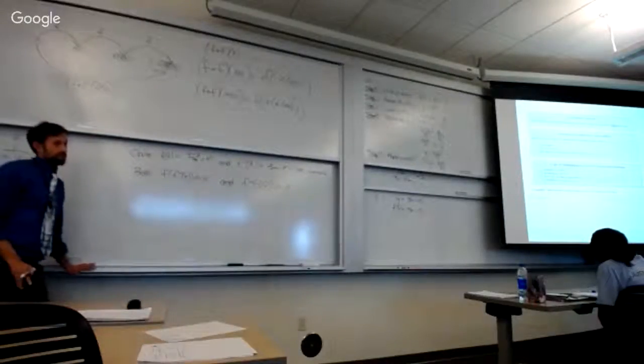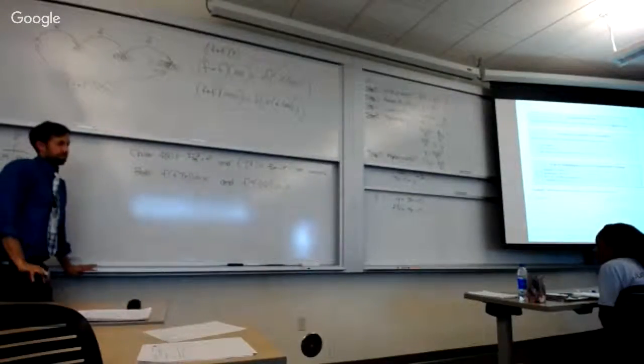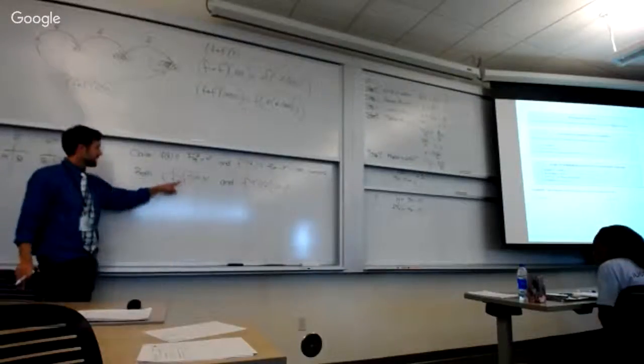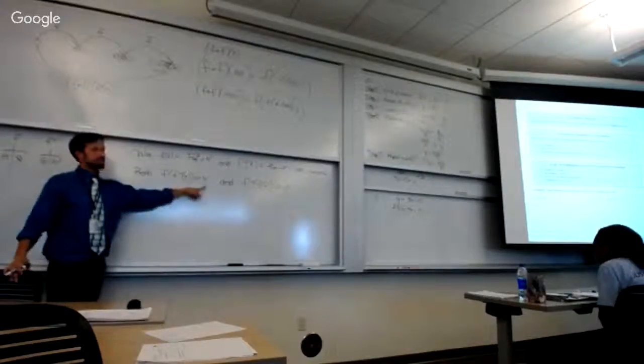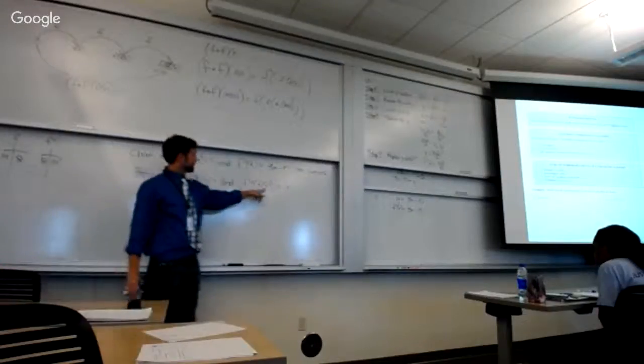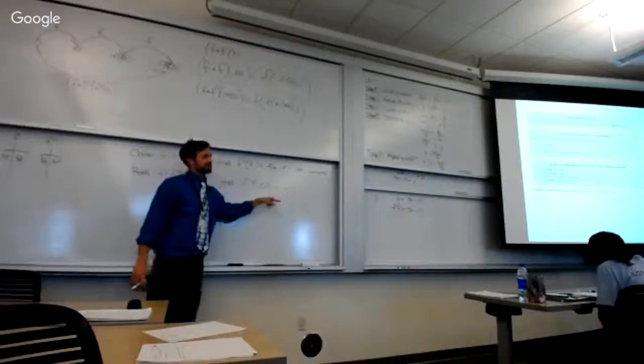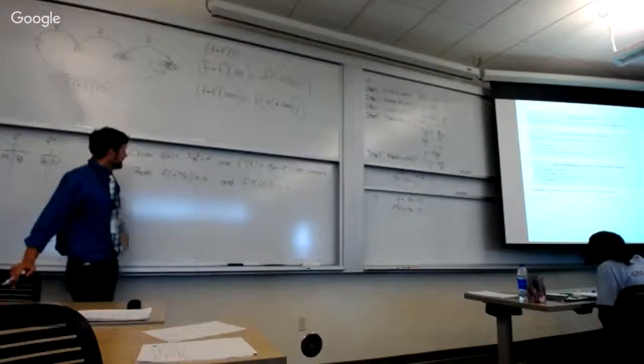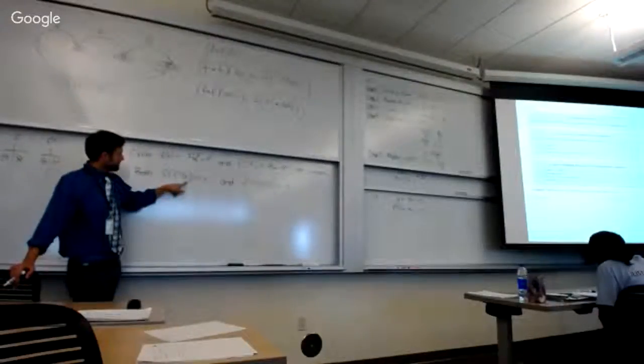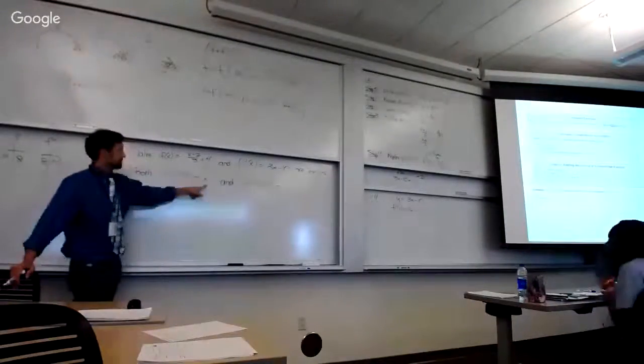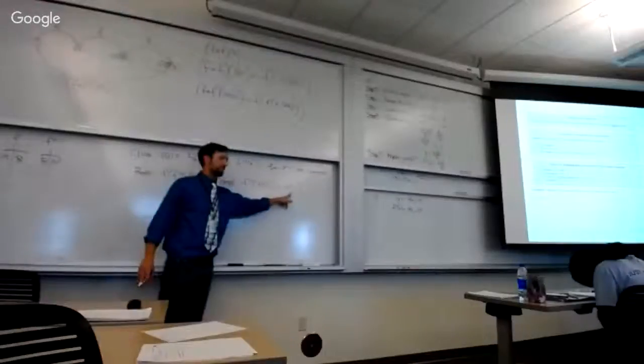You notice what I just wrote down is a function composition. What we're saying is that if you plug the inverse into f, the answer should just be x. And if you plug the function into the inverse, the answer should just be x. Meaning that whatever input you plug in, you get that same number out.